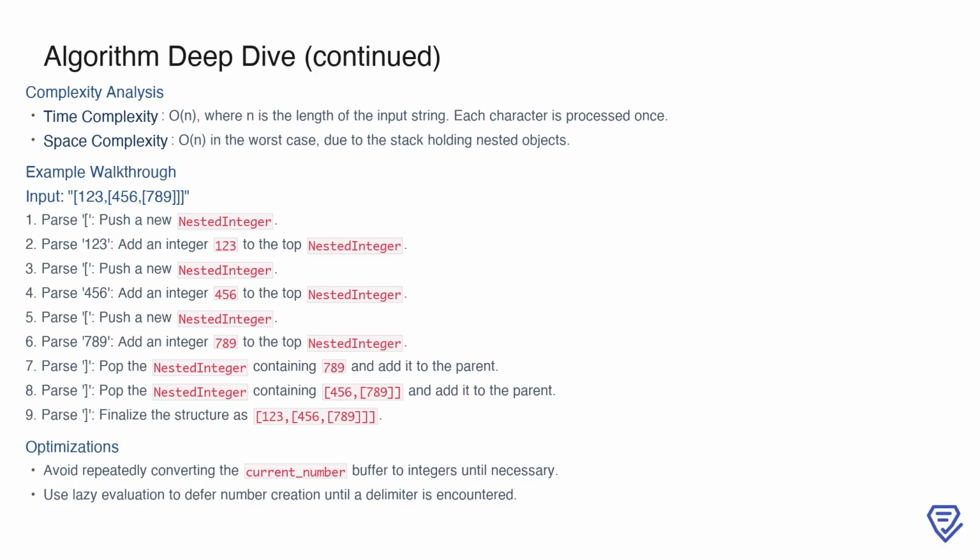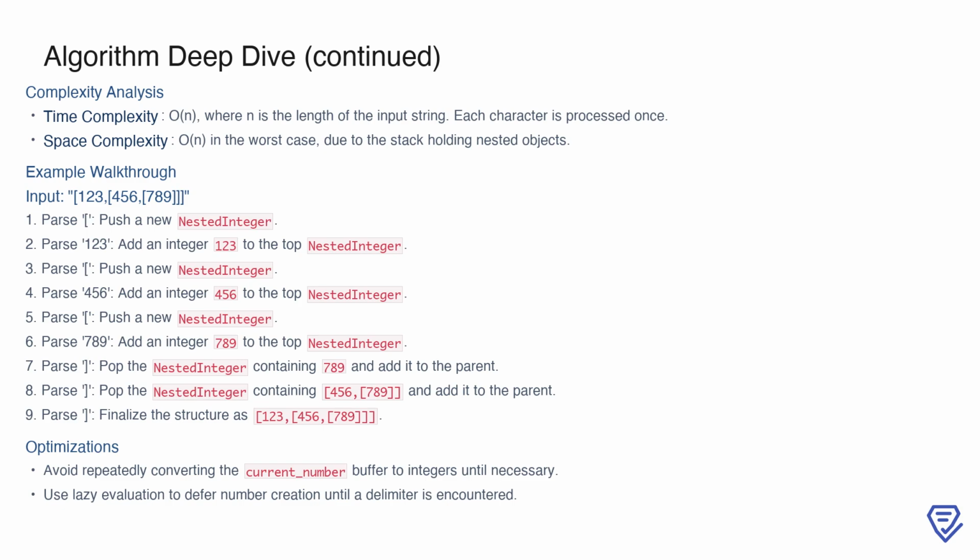To illustrate how the algorithm works, consider the example input, [123,[456,[789]]]. First, we parse the opening bracket and push a new nested integer onto the stack. Then, we process 123 and add it to the top nested integer. Another bracket triggers a new push, and 456 is added to the nested object.